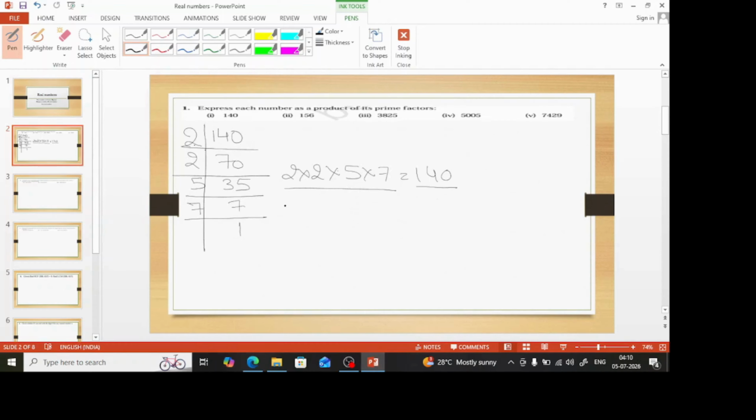So prime factors of 140 are 2 into 2 into 5 into 7, or we can write it like that also. Okay, is it clear? Now let's move to the second part of the question, number 156.